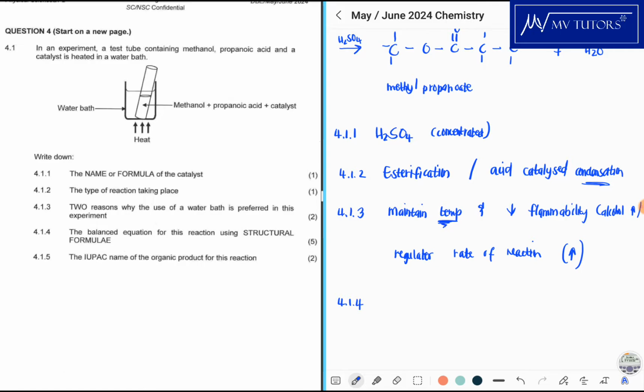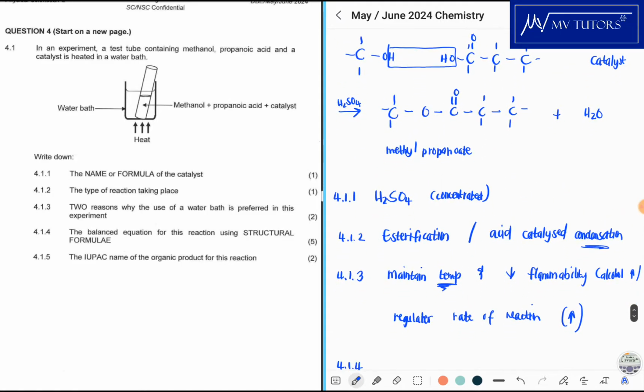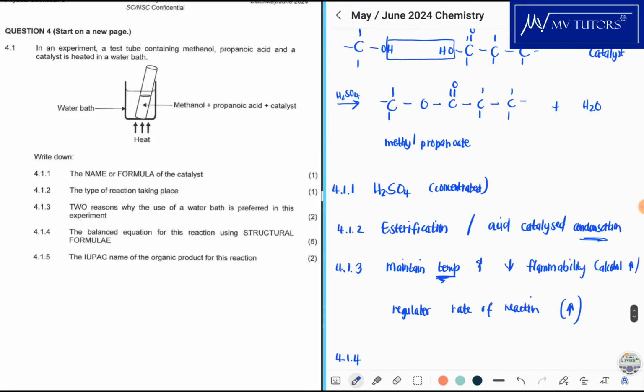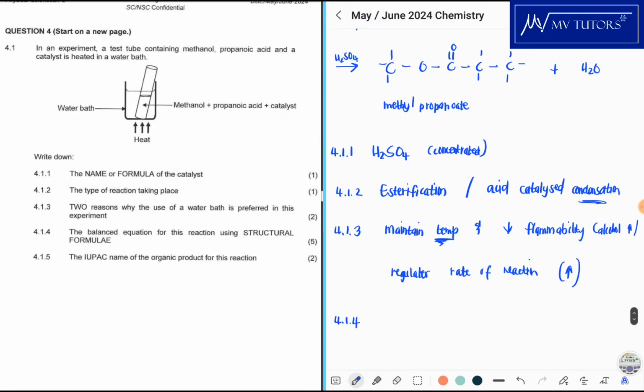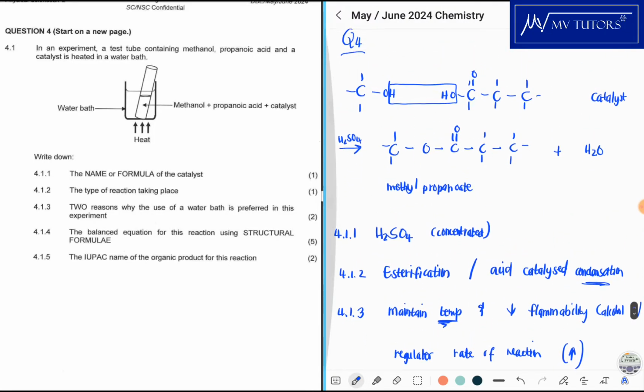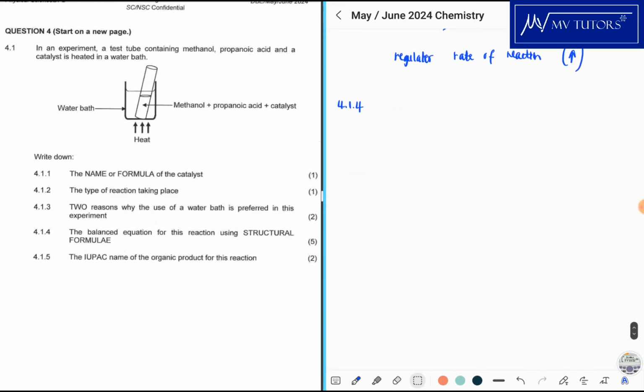4.1.4, write down the balanced equation for this reaction using structural formulae. We have actually done that. We could just copy and paste, but actually, no, I'm not going to copy and paste this. Let me write it out nicely.